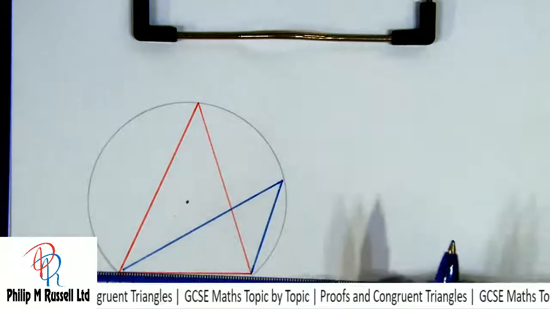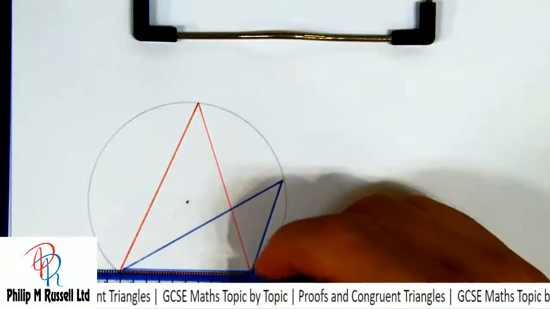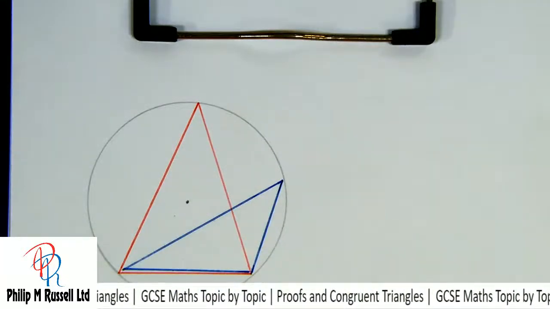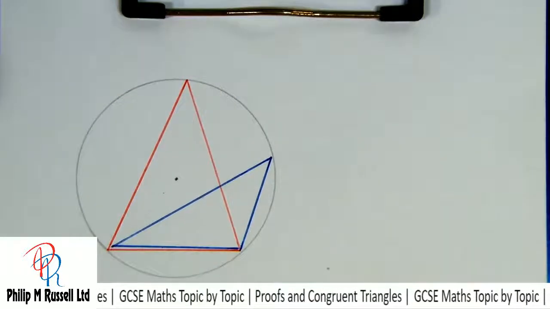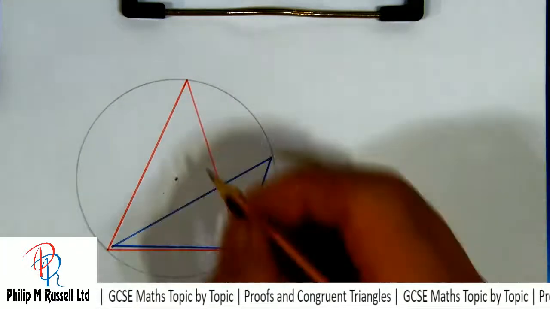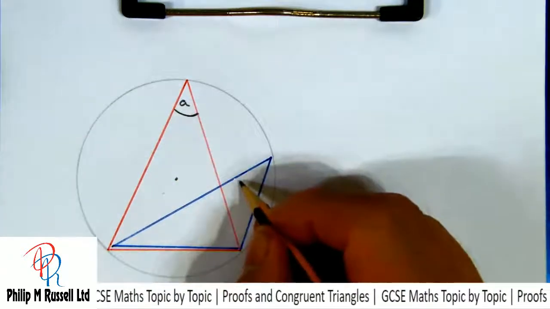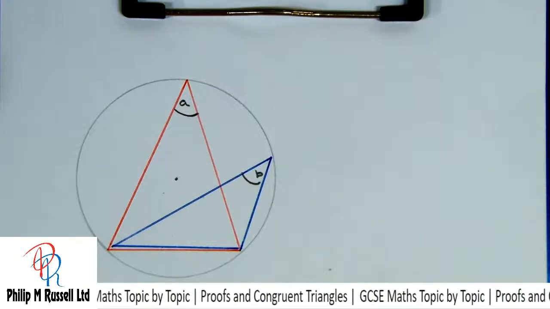They're going to stand out perhaps a little bit better. Right, so here are our two triangles, and what we have to prove in this is that this angle, which I'm going to call A, equals this angle, which equals B.